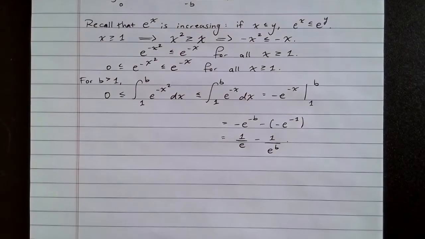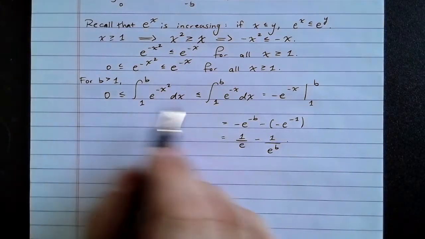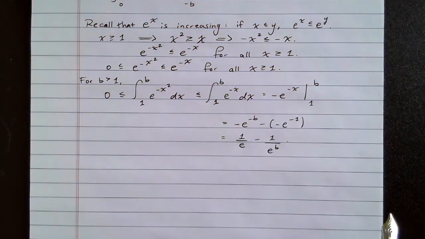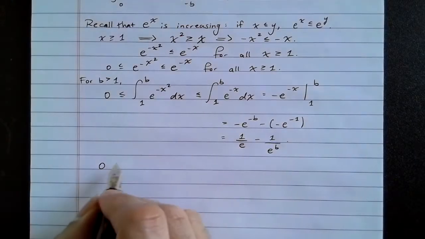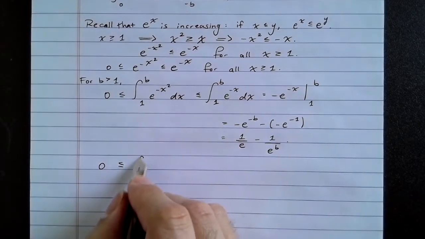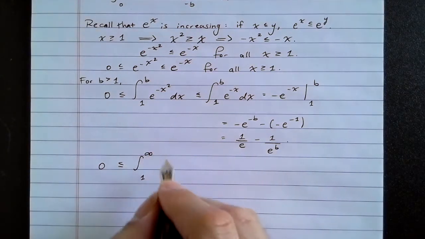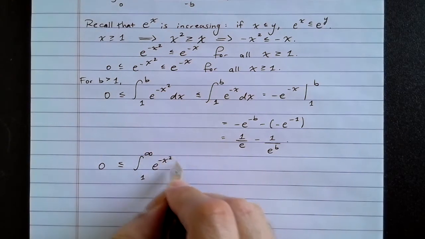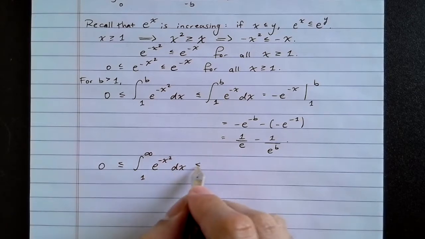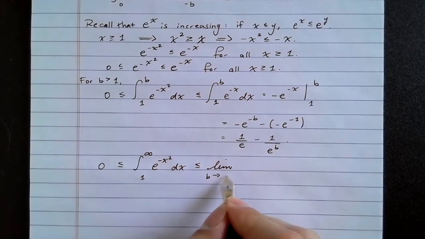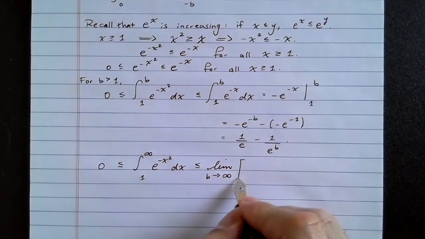All right. So if I take the limit as b goes to infinity across, then we can use the sandwich theorem. When I take the limit as b goes to infinity, this is the improper integral, and I've computed the bound here to be this.